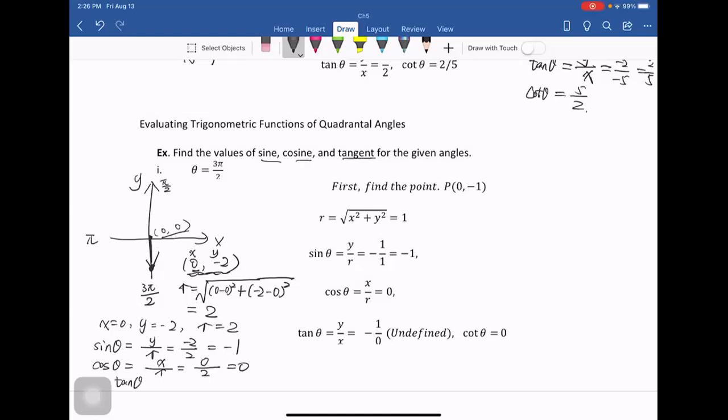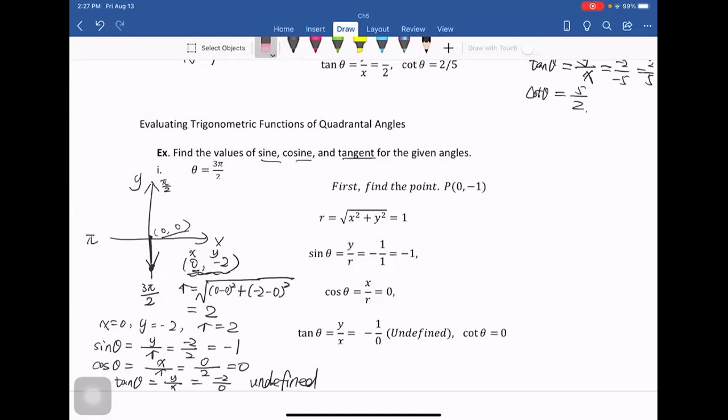Tangent theta equals y over x, that's -2 over 0. So you see the 0 appeared in the denominator, so this one is undefined, because you can't have a number divided by 0.